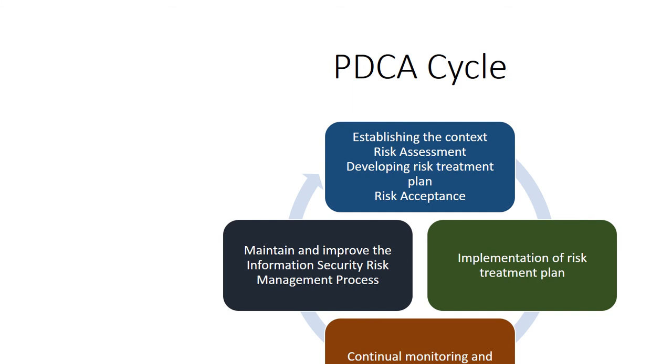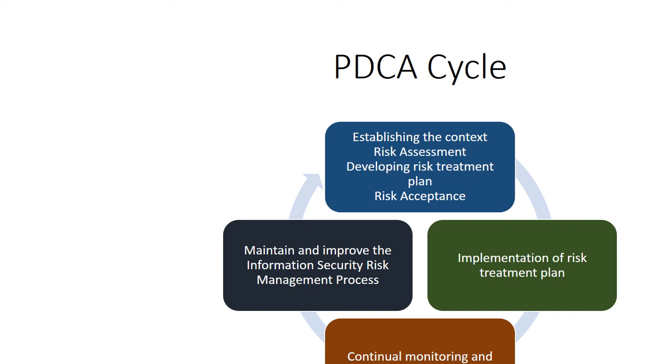We can also see that the whole ISO 27005 framework relies on the idea of the PDCA cycle. PDCA means plan, do, check, act. It means that in the ISO 27005 approach, we start with planning. Once we have a solid plan, we know that the plan is going to work properly according to our assessment.